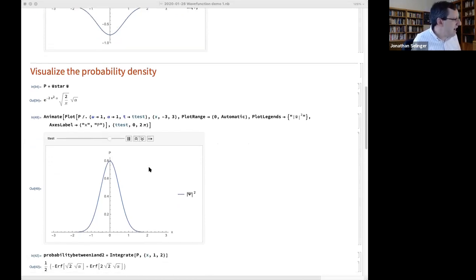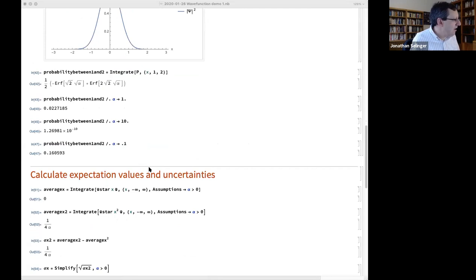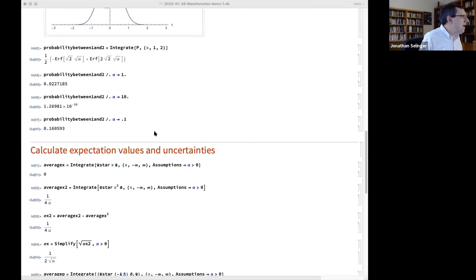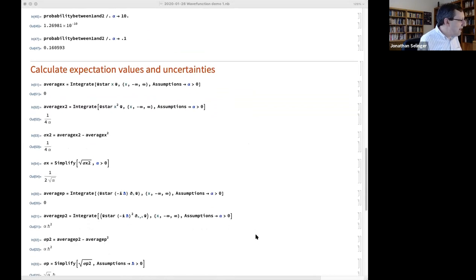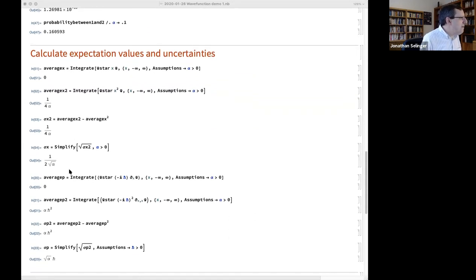Okay. So in this case, I can calculate the expectation values. I already did the calculation for the expectation value of position. Okay. So here, I'll do the calculation for the expectation value of momentum. So the average momentum is now this sandwich, like I just derived for you, okay?